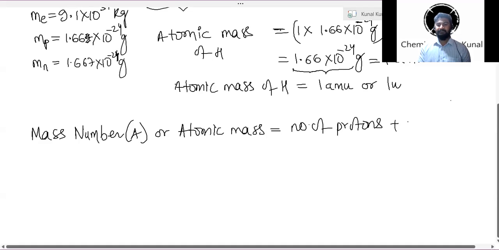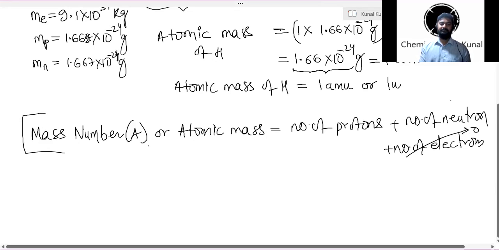It's not that we don't have electrons. We also have electrons, but we don't take the mass of electrons. Why? Because electrons are very light. So electrons are always ignored. That's why the mass number is nothing but the sum of protons plus neutrons.